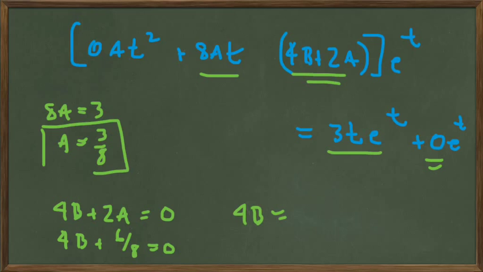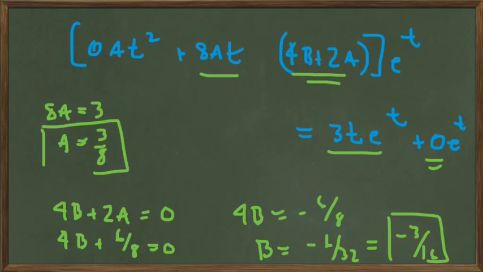4b equals minus 6, so b equals minus 6/32, or minus 3/16.